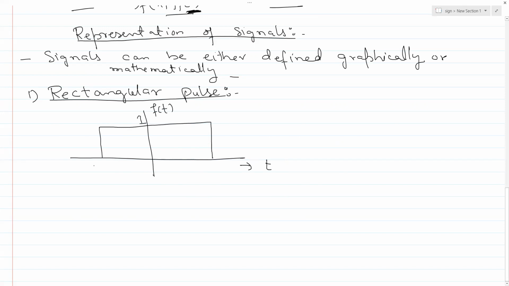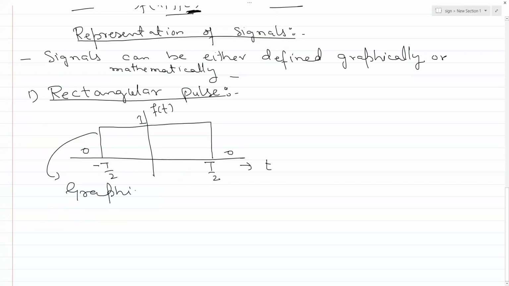This is minus t by 2 and this will be t by 2. So this is the rectangular pulse signal. Its value is always 1 when t takes values from minus t by 2 to t by 2, and its function value is always 0 outside this range. So this is the graphical representation.